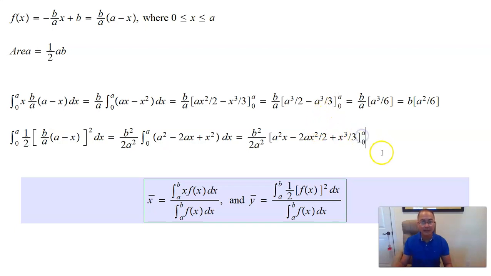So can I copy this? Oh yeah, thank you. All right, at 0, does everything go away? Yes, everything goes away. So we just have to plug in x equals a. So now that becomes a cubed. And then 2a times a squared, so that's 2a cubed over 2. Oh, nice, nice. So that goes away. Why didn't I see that earlier? Okay, ooh, that cancels. And then you have a cubed over 3. All right, so great. These two are going to cancel.